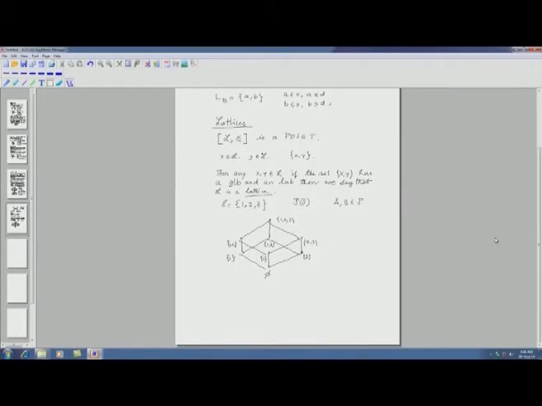Now, pick up any two elements from this lattice, which is essentially the power set of S. If we pick any 2 elements, they are basically subsets of S, and suppose we write them as A B. What we can find is that the greatest lower bound of A B is simply the subset A intersection B, which is of course an element of P S, and the least upper bound of A B is A union B, which is an element of P S. Thus, this is a lattice.